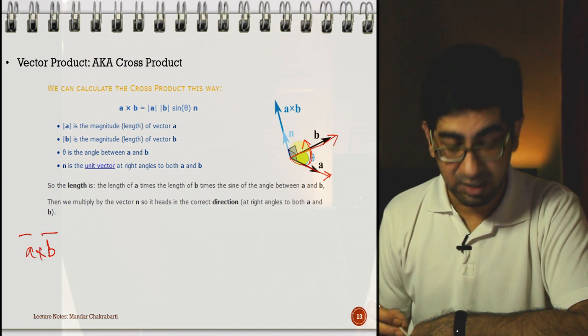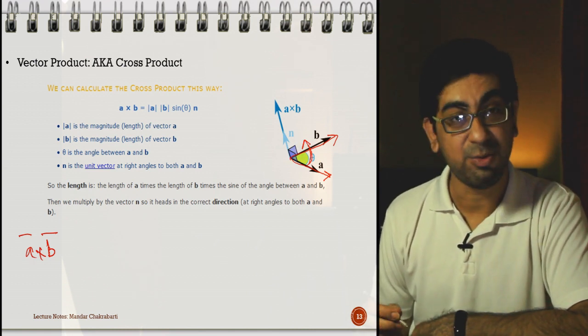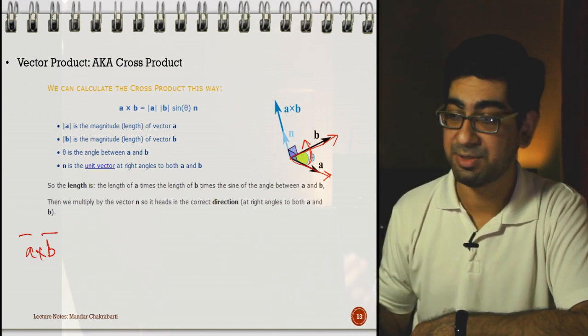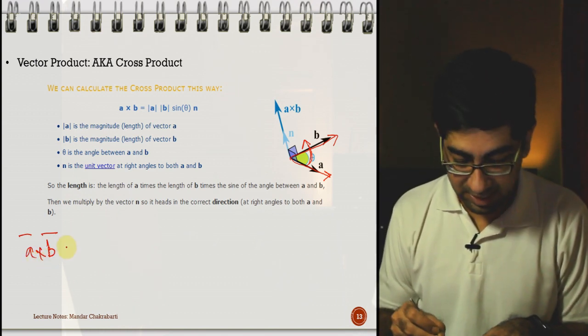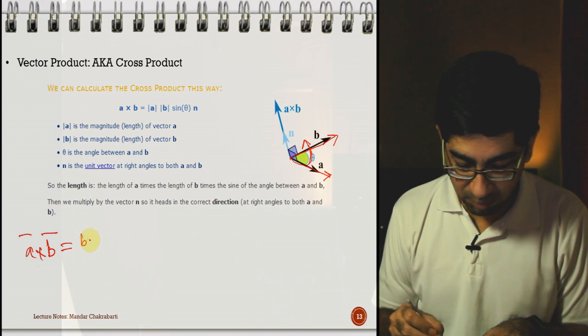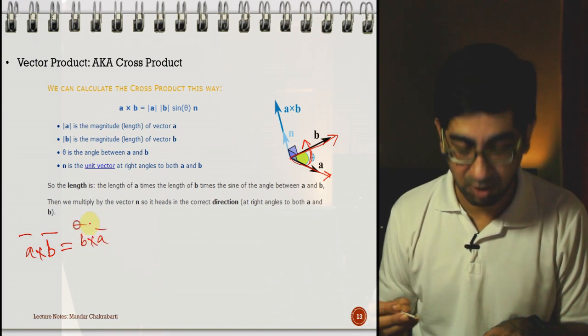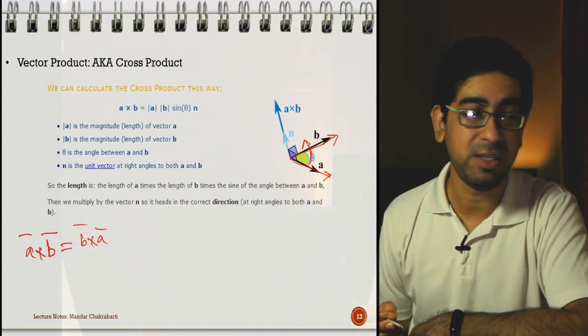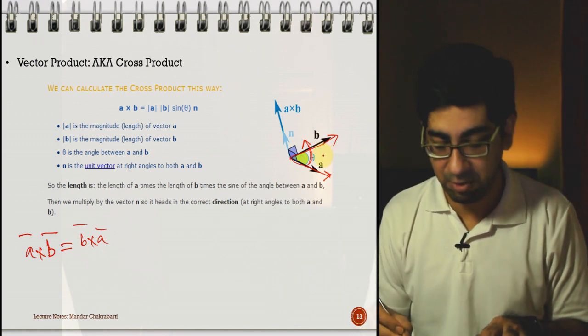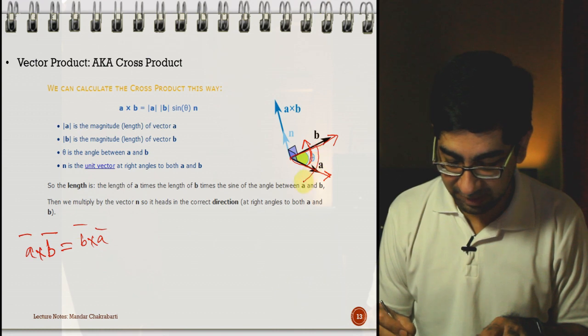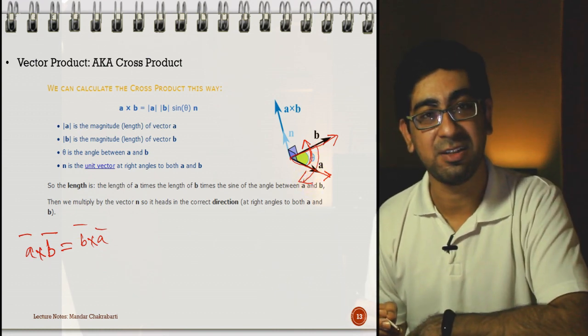From here, one intuition you can understand is A cross B is not going to be equal to B cross A, because if I want to calculate B cross A, I am traveling in this direction now.